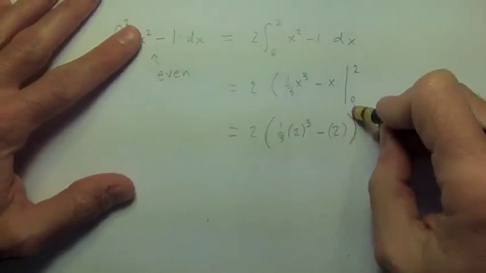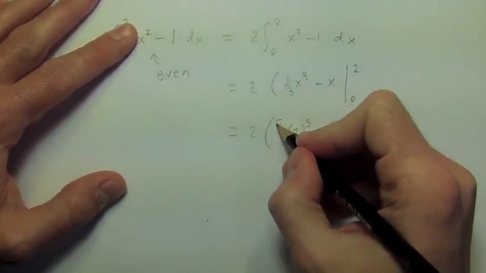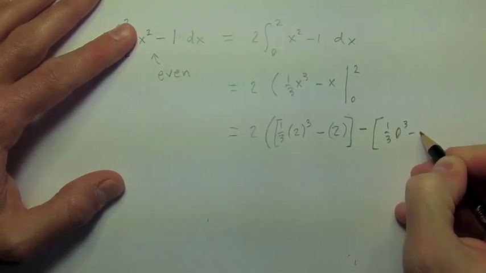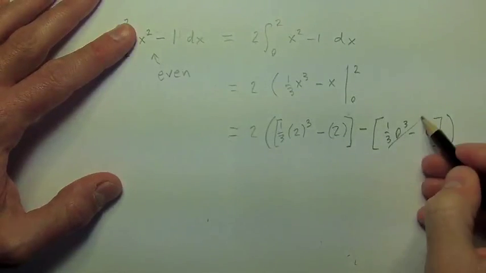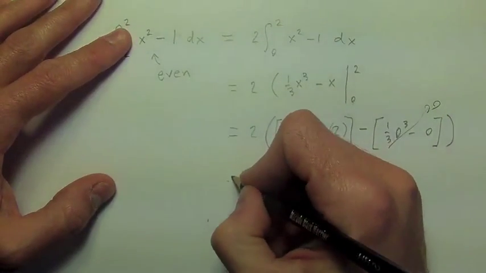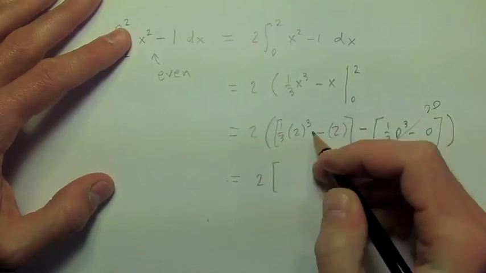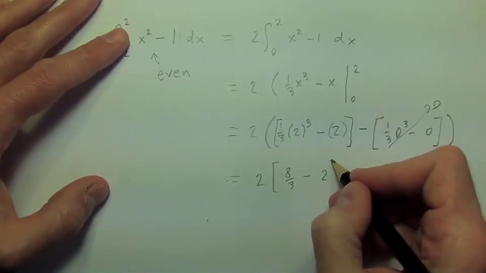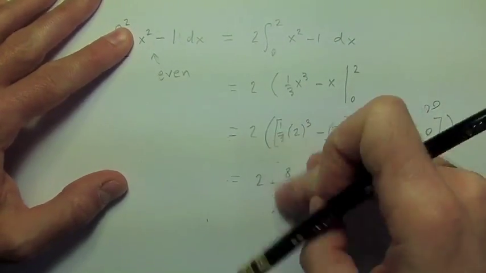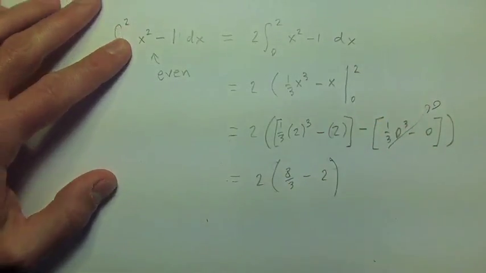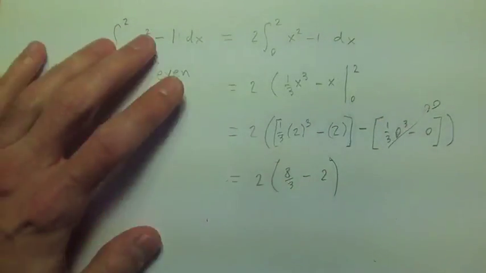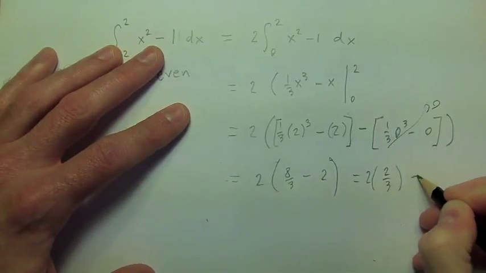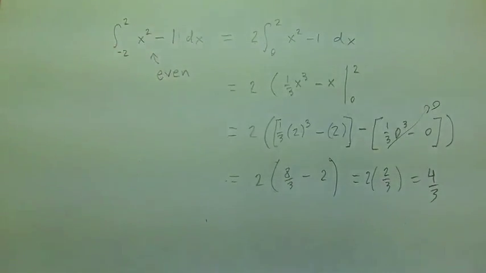Then, oops, let me go ahead and put brackets around this. Minus 1/3 times 0 cubed minus 0. Right, and this whole thing just becomes 0, so this ends up just being 2 times, sorry, not 8 cubed, 8 over 3, 8 thirds minus 2. And this is 6 thirds, so this ends up being 2 times 2 thirds, so we get 4 thirds out.